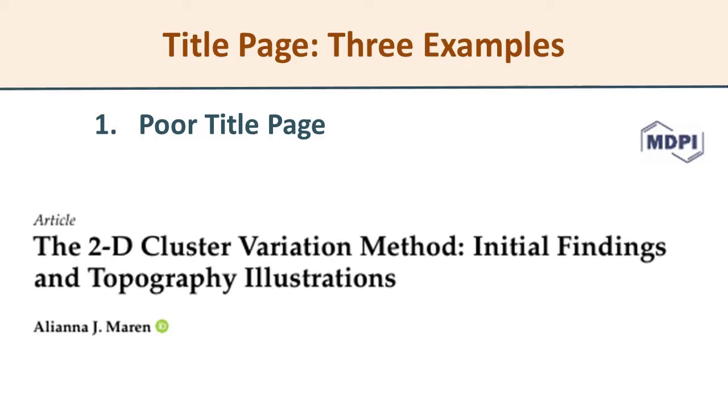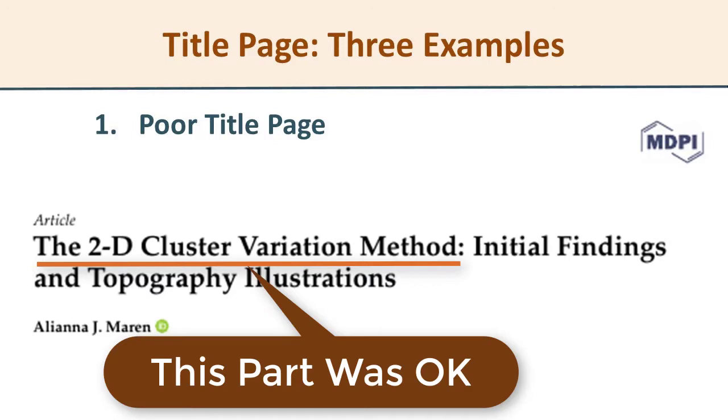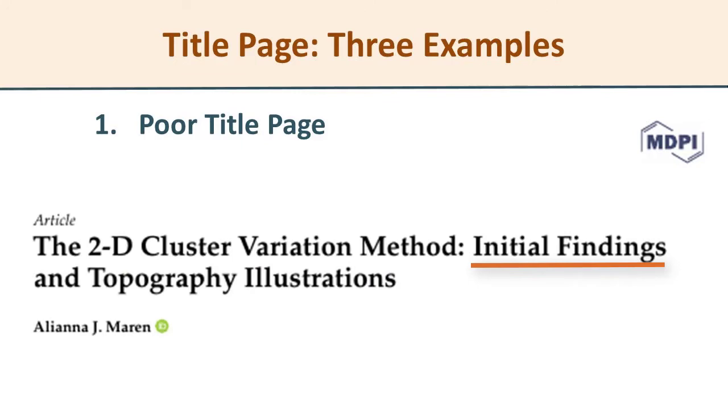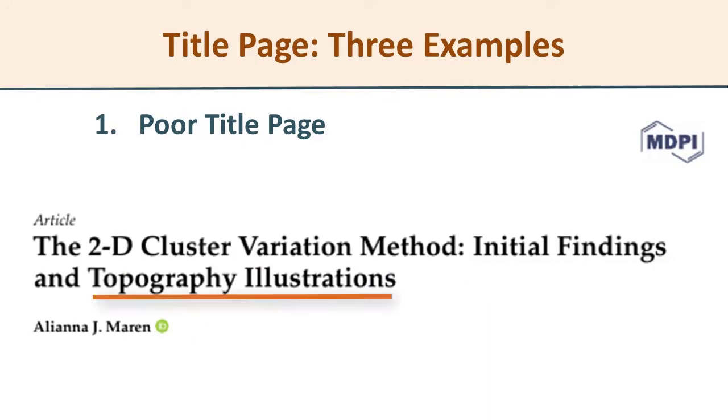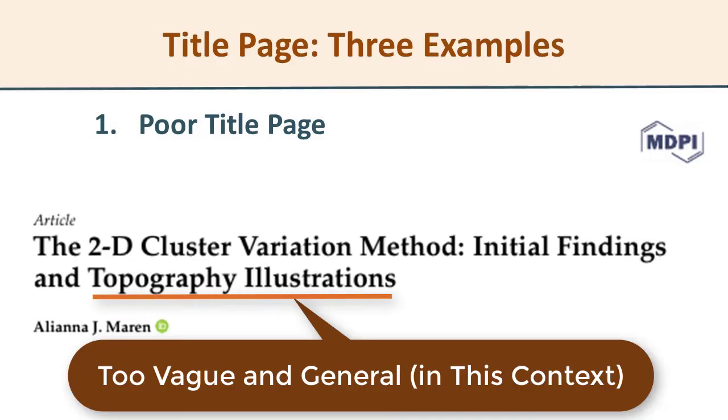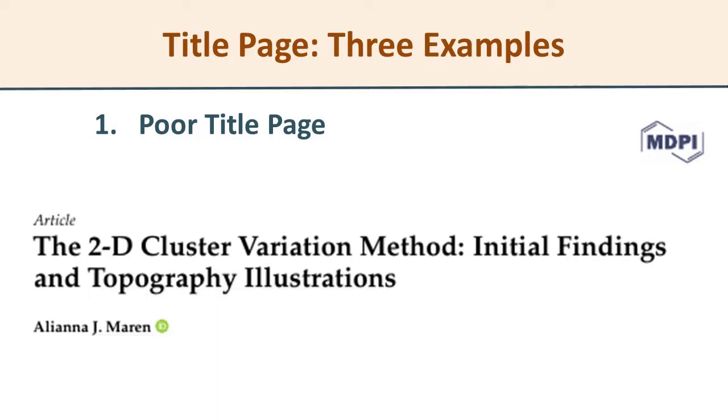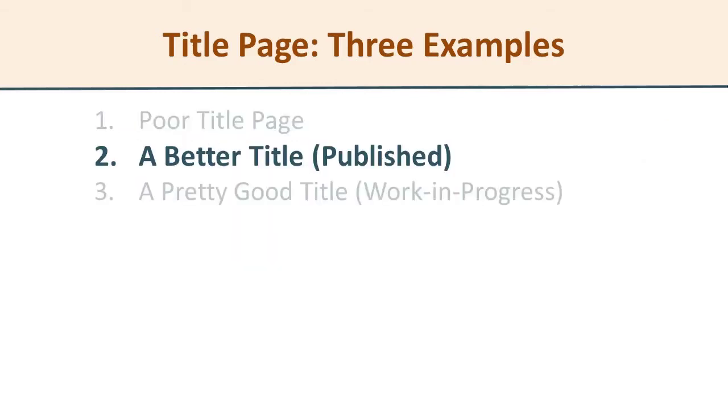That was a poor title because even though the 2D Cluster Variation Method, 2D CVM for short, is fairly specific, it's in the ballpark of a topic, the notion of initial findings was too vague, too general, and topography illustrations, again, too vague, too general, too broad, and it wasn't succinct enough to give the reader a sense of what was going on.